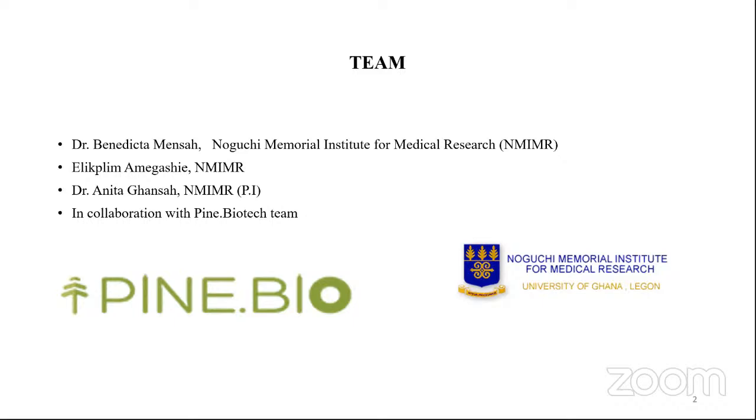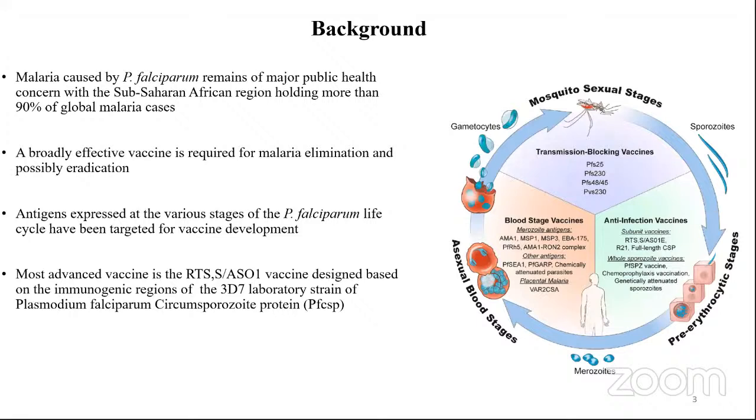The team is interested in the population genetics of malaria vaccine candidate antigens. Like my colleague presented earlier, malaria is still of major public health importance, especially in sub-Saharan Africa, of which Ghana is part. So far, there have been efforts to control malaria, which include the use of insecticides, mosquito sprays, and drugs.